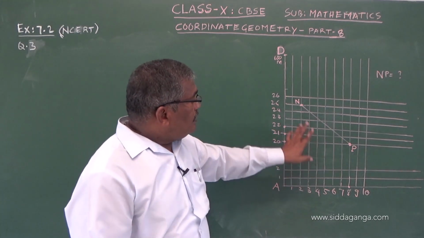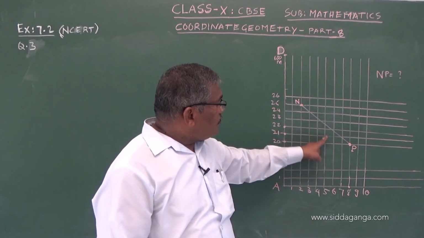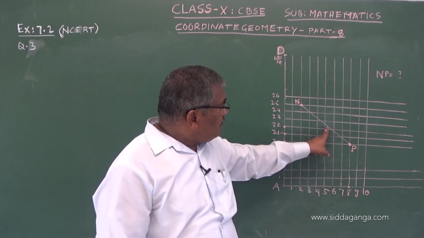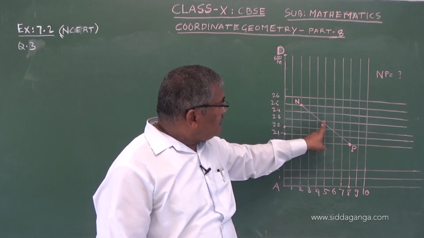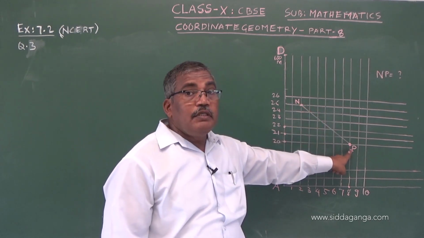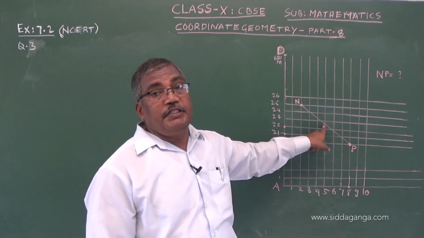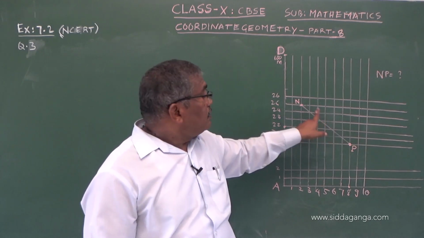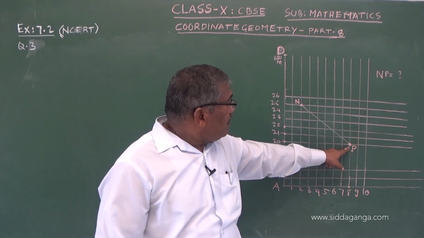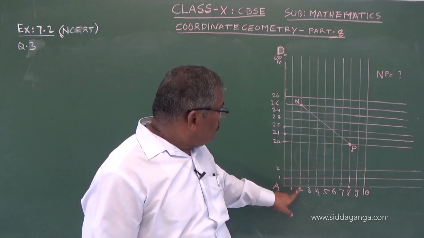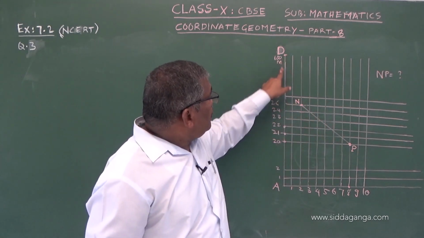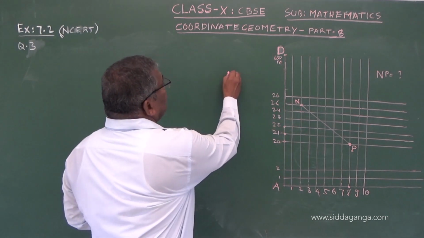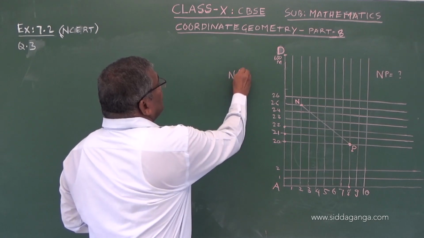Now the question is, if another student has to run and place a flag exactly in between these 2 points, what are the coordinates of that point? So that means we have to find out the coordinates of the midpoint. The end point coordinates are given. We know this is 2 and this is 1/4 of 100. So I will write here, N will be, what is the x coordinate?